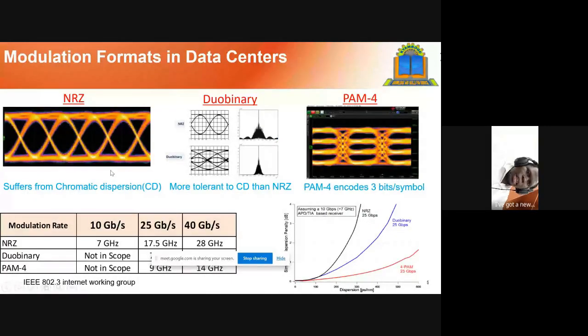The same thing is done on this slide. You demonstrate, okay, that we have different communication formats. You tell us that this is non-return to zero, and this is duobinary. And then you use a table to illustrate the different things, and you use some kind of curves and so on and so forth. But you should not put book-text kind of information in a slide.